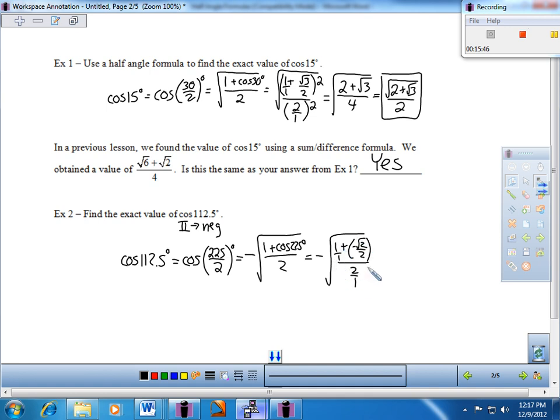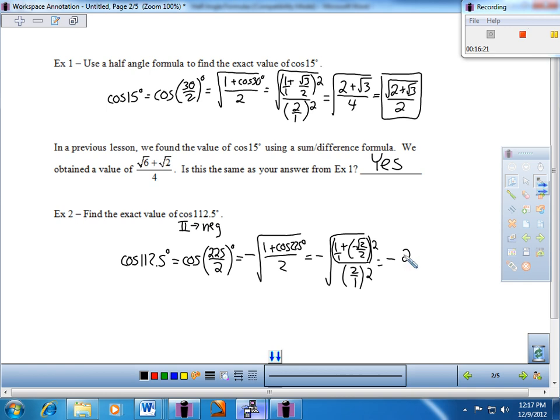And so I'm hoping you all see that piece, 1 plus negative root 2 over 2, over 2. And then I'm going to clean out that 2 in the denominator right here by multiplying that by 2 and multiplying this by 2. Notice, everybody, I keep the negative with me the whole way through because the cosine ratio is negative. And let's see what happens. I'm going to wait on the root for just a second.